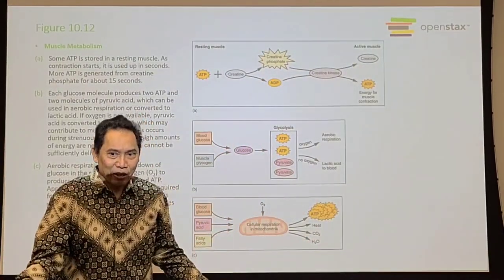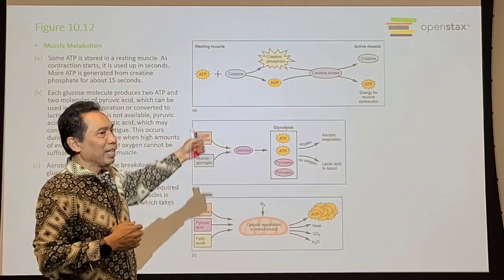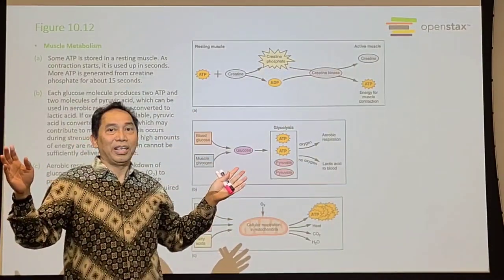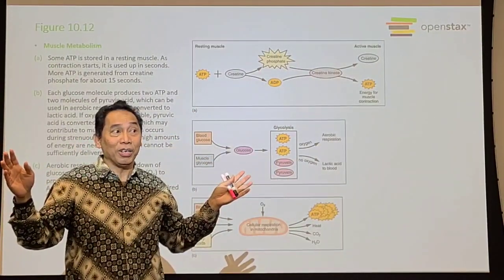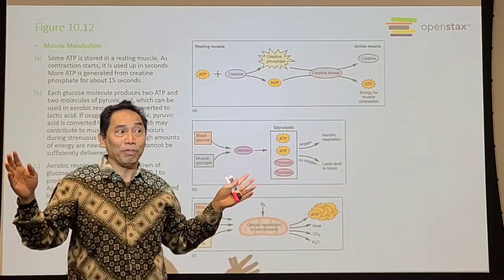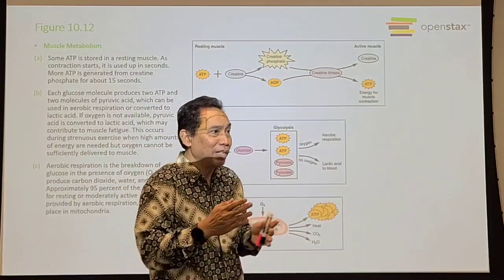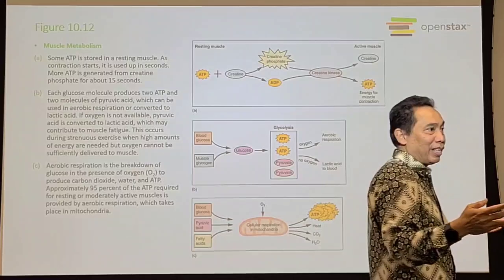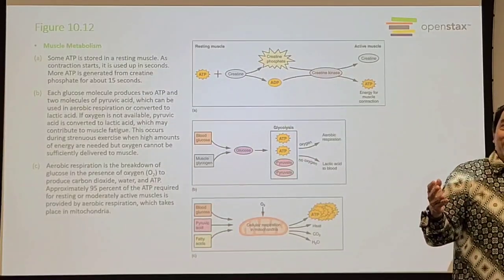When you start contraction, within 10 seconds, they're gone. But it is good for some people who perform an action in competition that requires only a 5 or 10 second action. What do you call that activity?